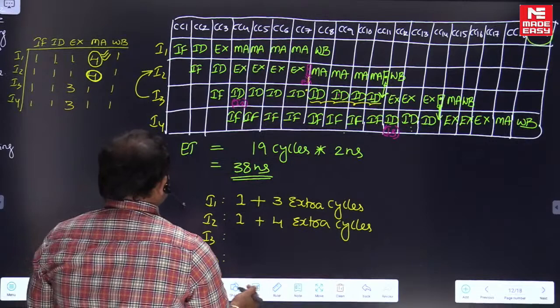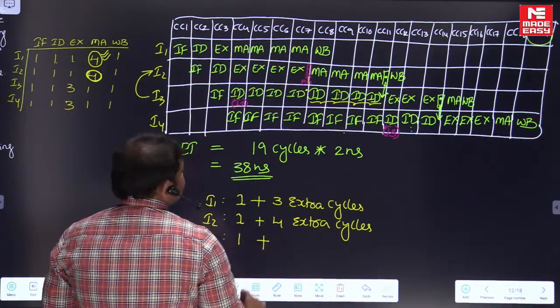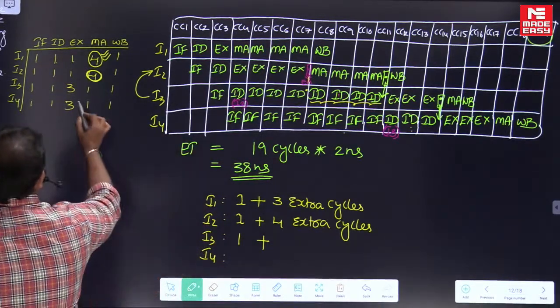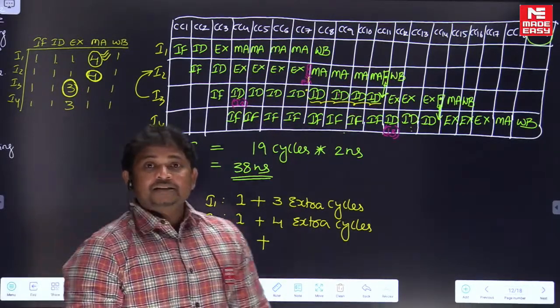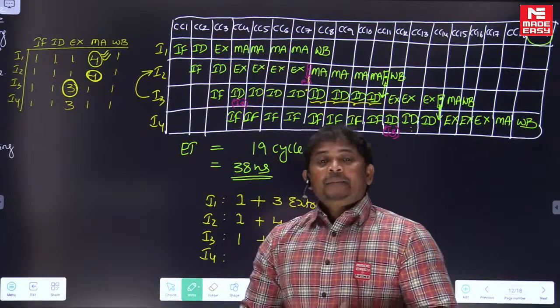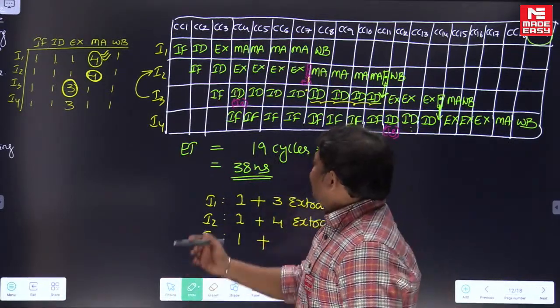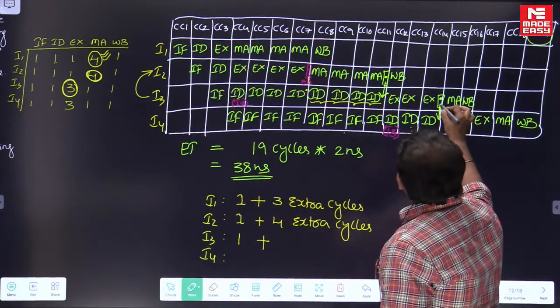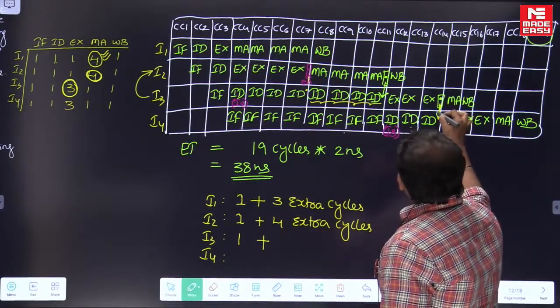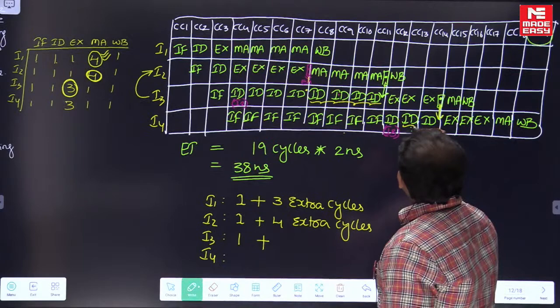Then for I3, 1 cycle. After that, here 3 cycles. What is the number of extra cycles? That depends on the dependency also. I4 and I3 are both dependent. This dependency takes the data from the EX buffer only, so how many stages is it waiting?